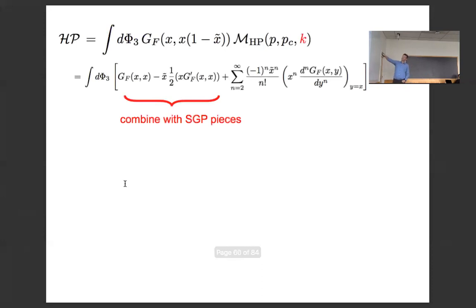Now the first two pieces are nice because they look like soft gluon pole contributions. And in fact, it turns out that you badly need them because you need to combine them with the other soft gluon pole contributions that we had in order to get sensible results. When I told you first that I could integrate the soft gluon pole contributions by themselves, I wasn't quite telling the truth. It works completely only after you add these pieces.